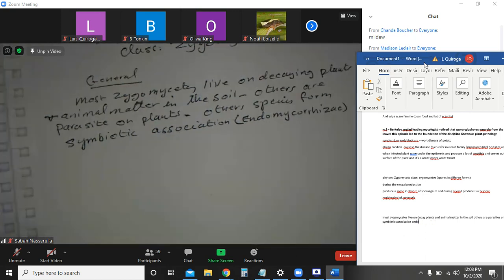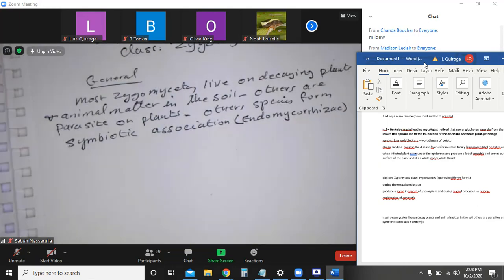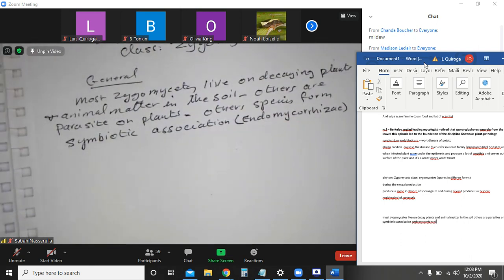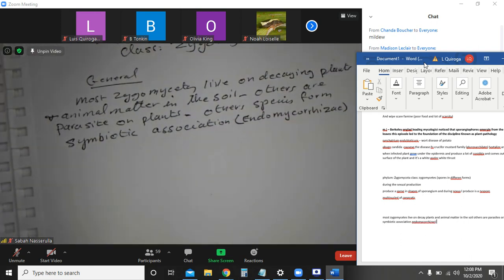As I mentioned to you before, this symbiotic association between the fungus and the root is called mycorrhizae. It's very important because almost 90% of vascular plants need mycorrhizae of some sort to grow better.